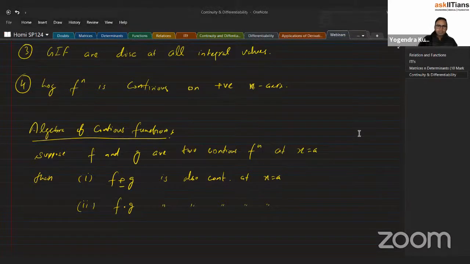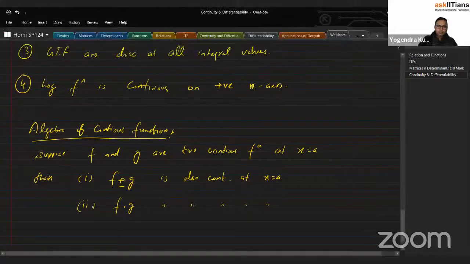Now, what about division? Division means we need to exclude some points. What points? We need to be careful about the denominator.